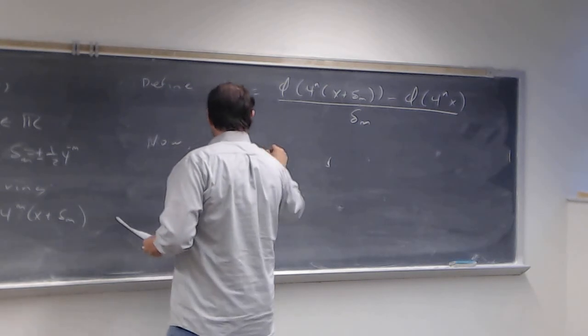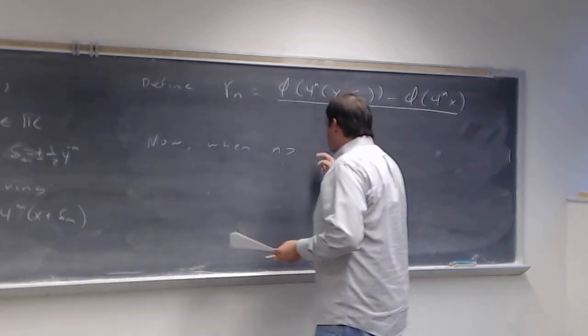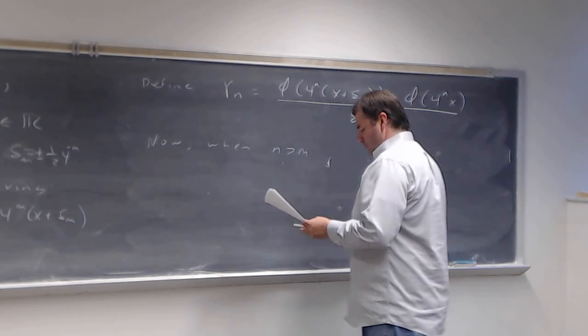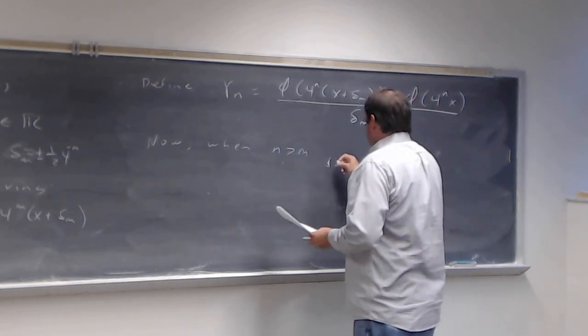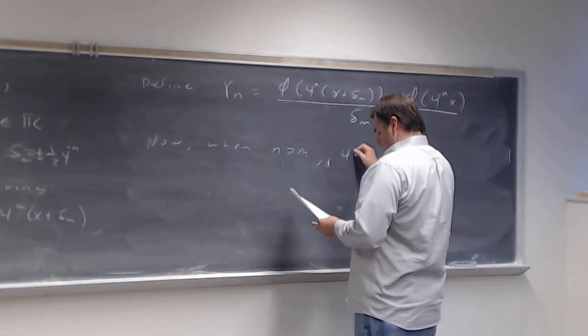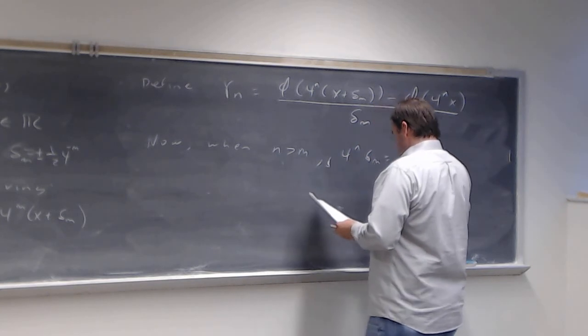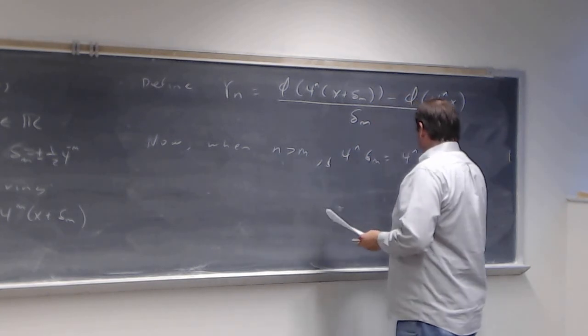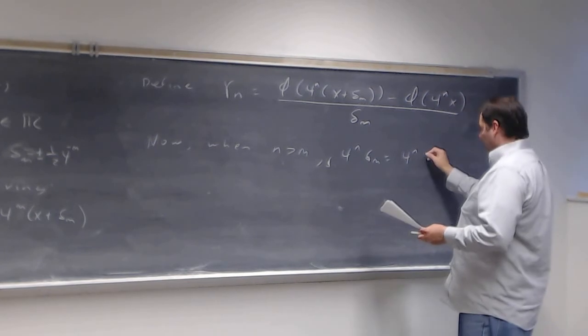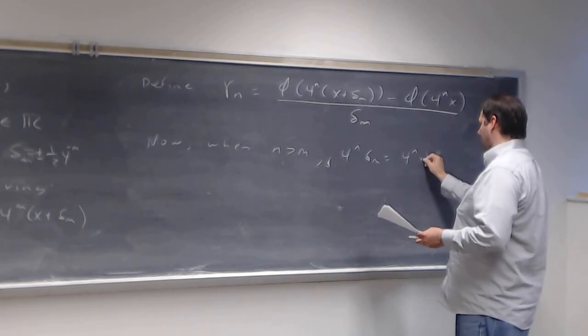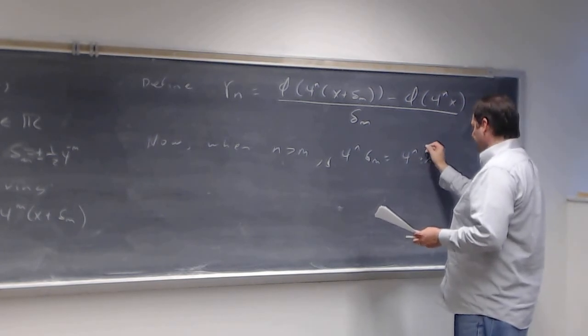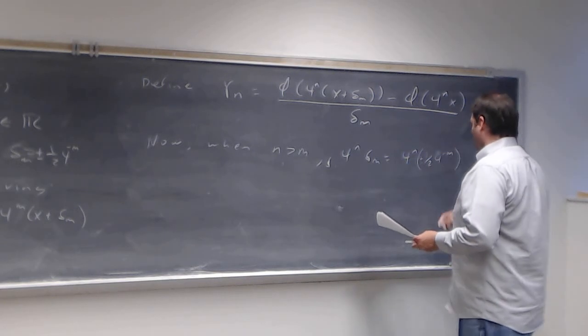When n is bigger than this fixed m, then what we have is 4^n delta sub m equals 4^n times, it's either plus or minus, 1/2 times 4 to the minus m.